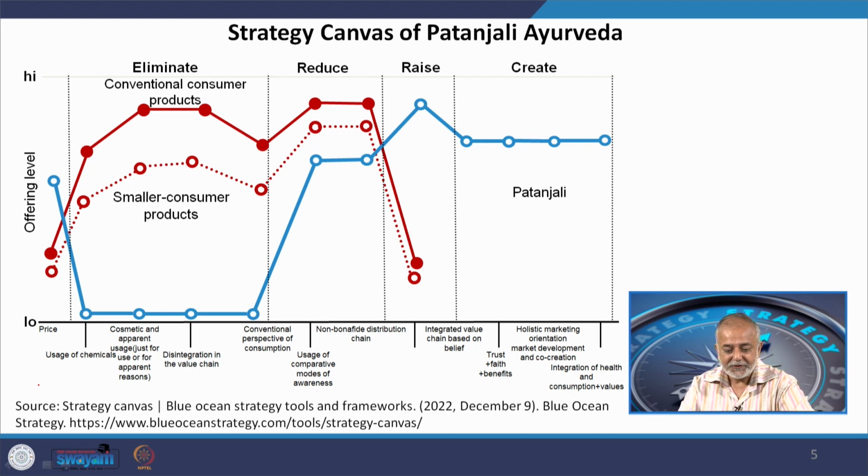So, you are eliminating a few things and reducing a few things, and now you are raising a few things. What are you trying to raise? You are trying to raise a few elements like an integrated value chain based on belief in Ayurveda, health, Swadeshi. So, you are trying to put up a positioning around consumer products related to the benefits associated with Ayurveda as a science, and things produced in your own country.